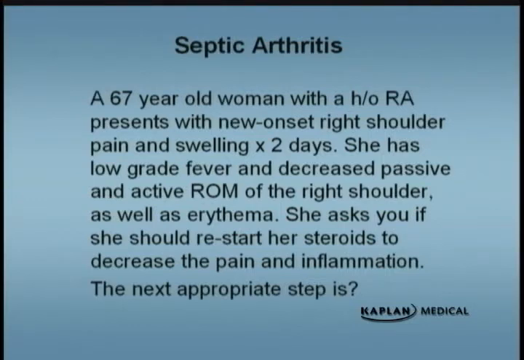So look at this. They give you a patient with already pre-existing rheumatoid arthritis, but look here, they only give you right shoulder pain and swelling for 2 days. If a patient has a rheumatoid arthritis flare, they present with typical rheumatoid arthritis, which is polyarticular symmetrical involvement, not monoarticular disease.